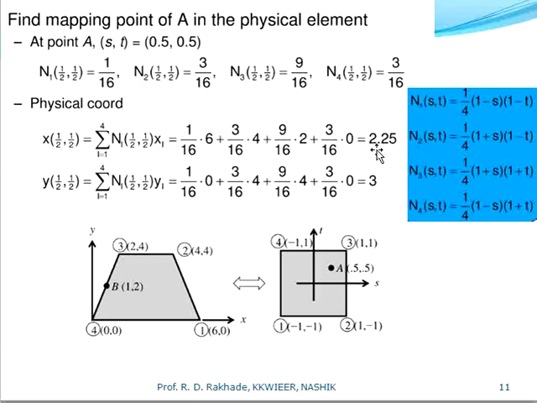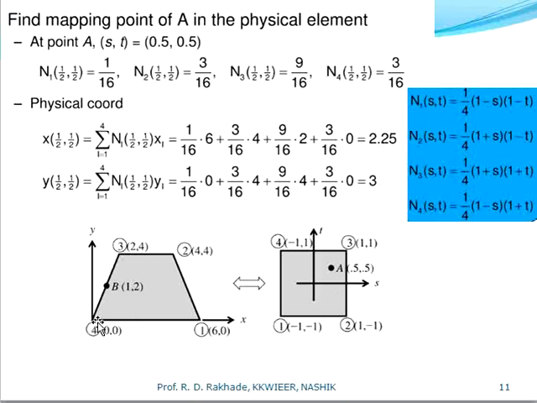Lastly, we get the value of x as 2.25. Similarly, we can calculate the value of y by putting in the values of N1, N2, N3, N4 and y1, y2, y3, and y4. Lastly we get the values of x and y.